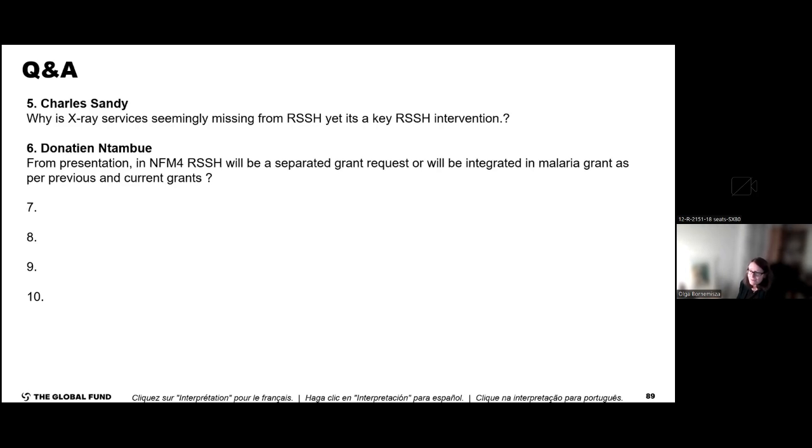And then the last question from the presentation: in NFM4, will RSSH be a separate grant request or will it be integrated in the malaria grant, as per previous and current grants? Okay, so let me be clear, it can be either.